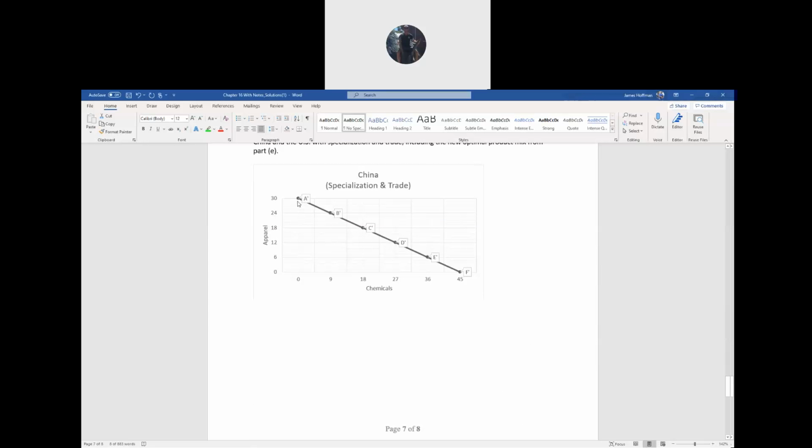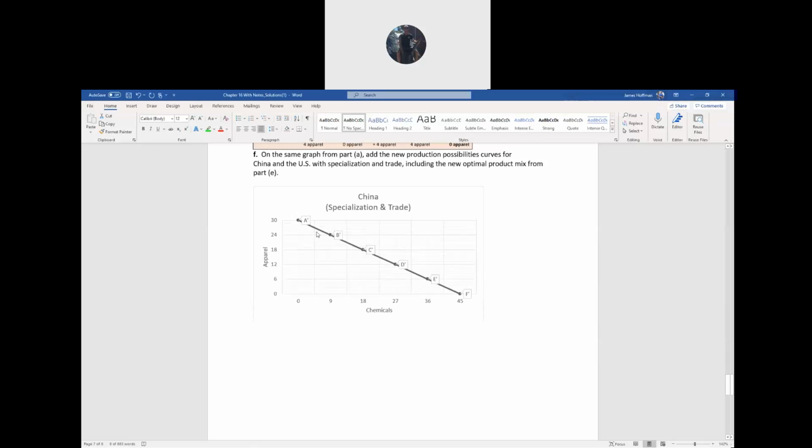So if they specialize in apparel and trade any of those apparel for any number of chemicals at the exchange rate 1 to 1.5, the new point that they trade to is better off, right? So the initial one was here, like 30 to 30, somewhere there, and the new one goes out. So any of these possibilities gives them more chemicals than the initial point, right? Yeah.